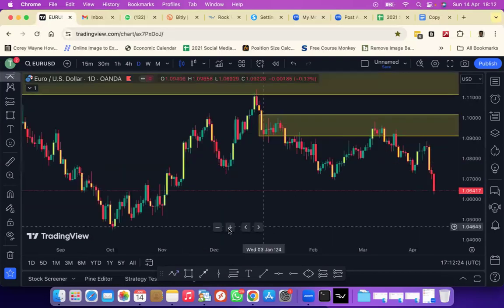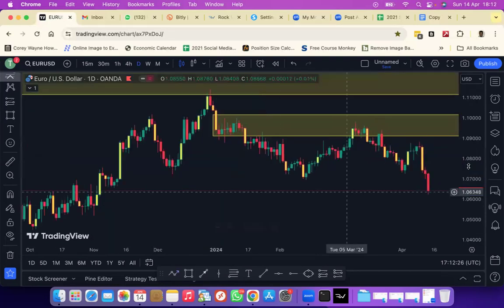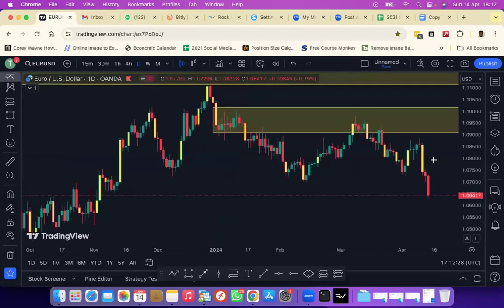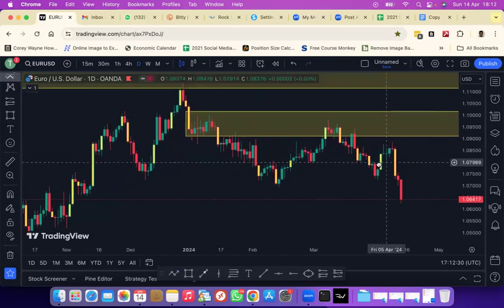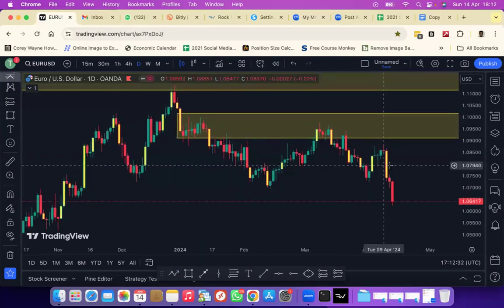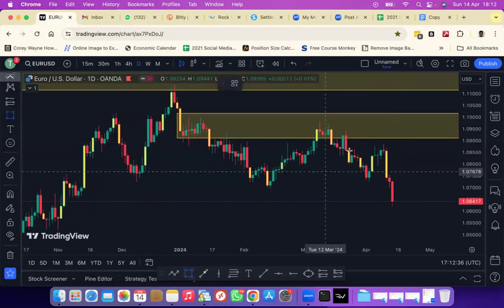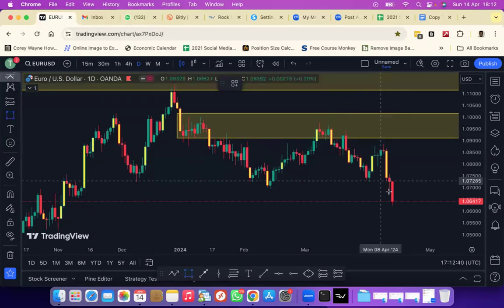Let's take a look at the daily time frame. On the daily time frame, this is what we have here. Price was in a supply zone. Price is bearish on the daily time frame, and in a bearish market, you want to spot supply.